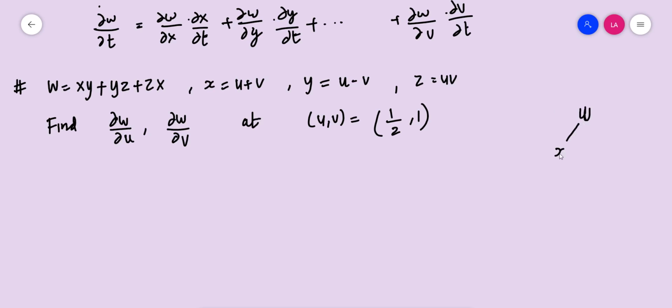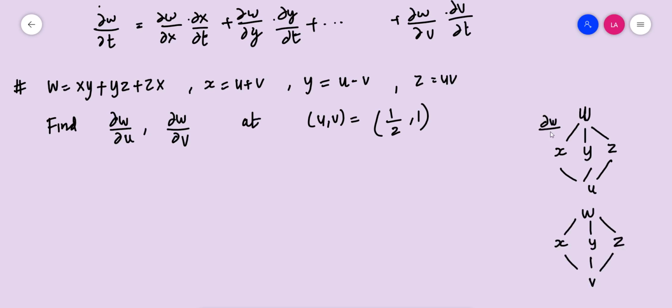So clearly w depends upon x, y, z. x, y and z depend upon u. W depends upon x, y, z, and each of them depends upon another variable v. So these are dou w by dou x, dou x by dou u, dou w by dou y, dou y by dou u, dou w by dou z, dou z by dou u.